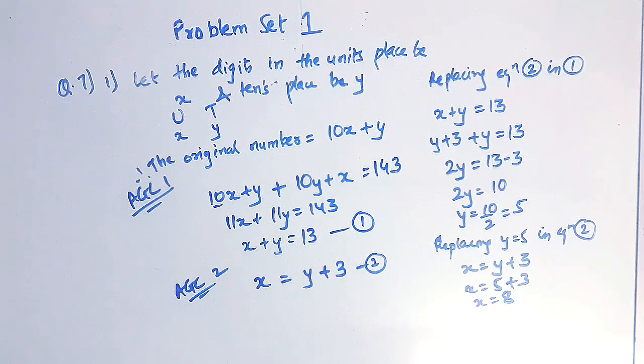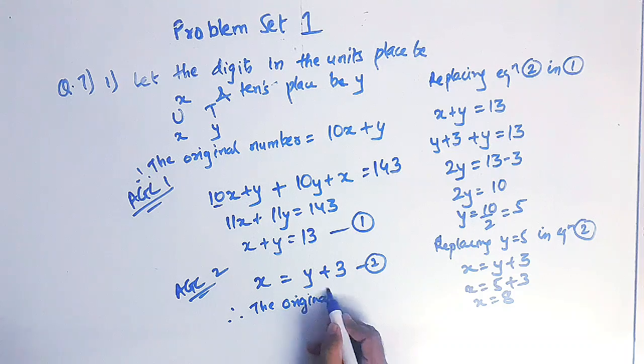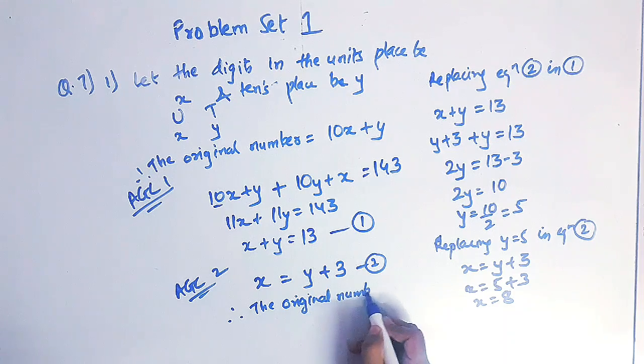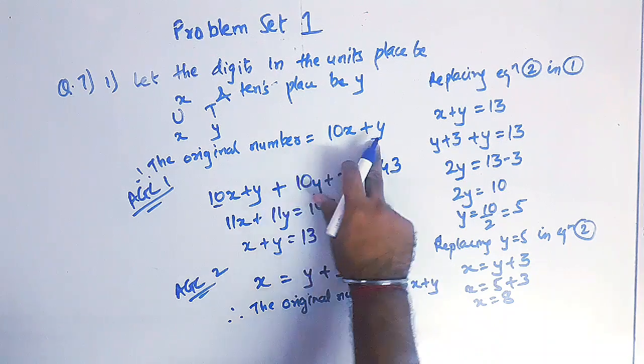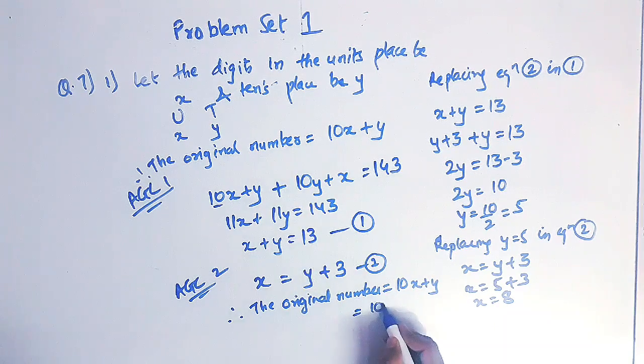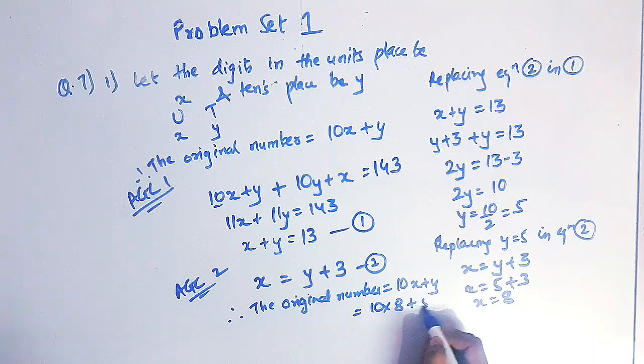Now we have to write the original number. Therefore the original number equals 10x plus y. So I'll have 10 into x, which is 8, plus y, which is 5. So that is 80 plus 5, which is equal to 85. This is your original number.